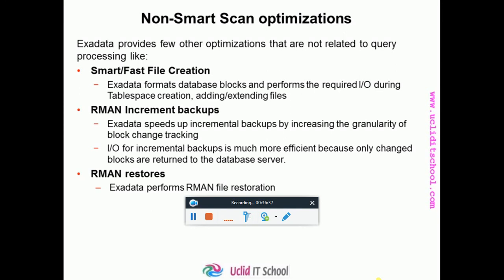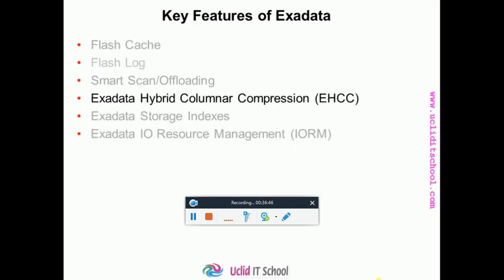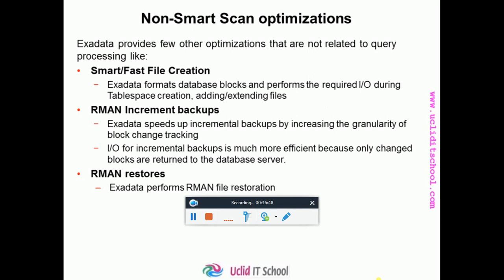So these are some of the non-smart scan related optimizations. Whether smart scan is used or not, these are always present on Exadata. So this is the concept related to the smart scan feature. Questions?